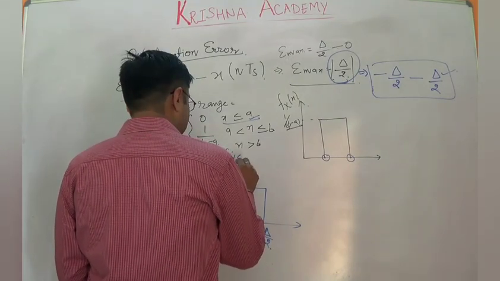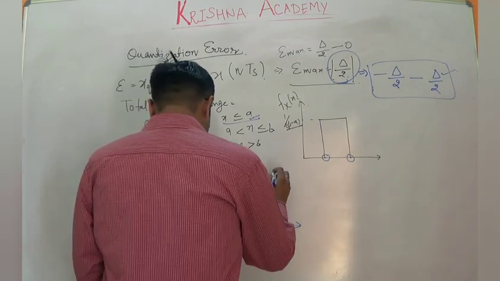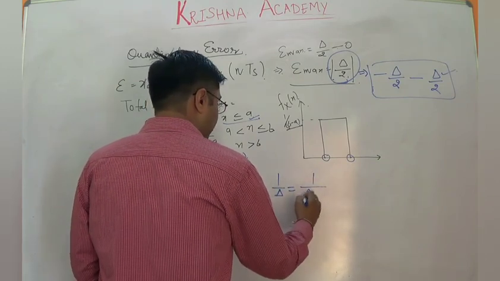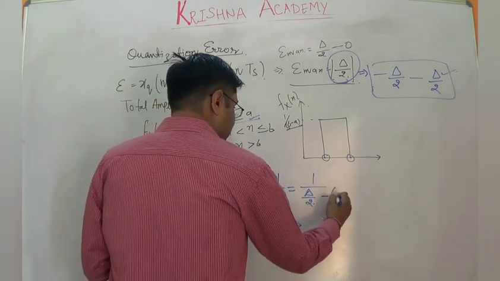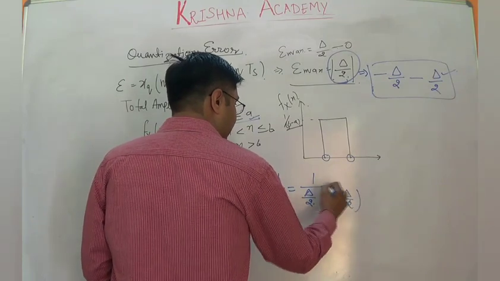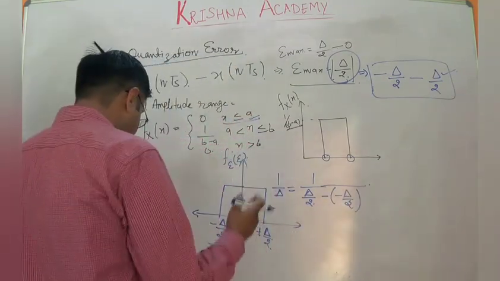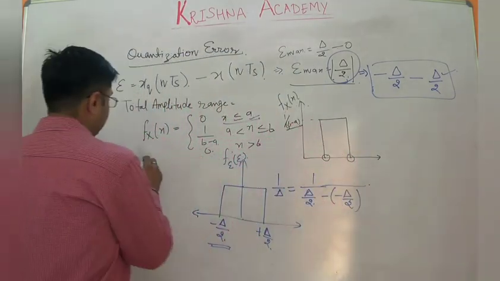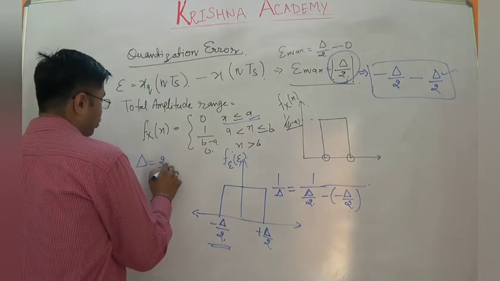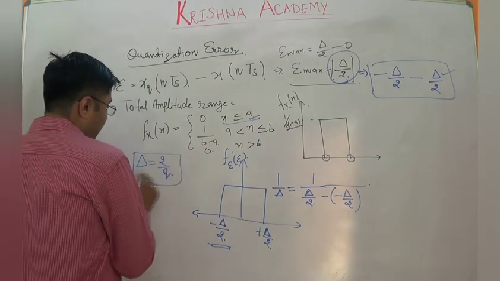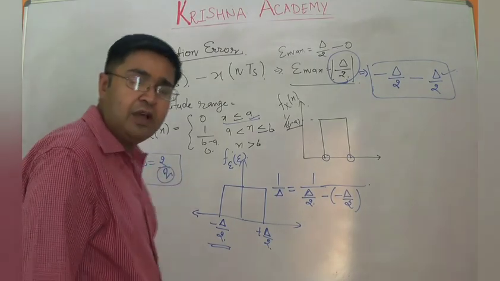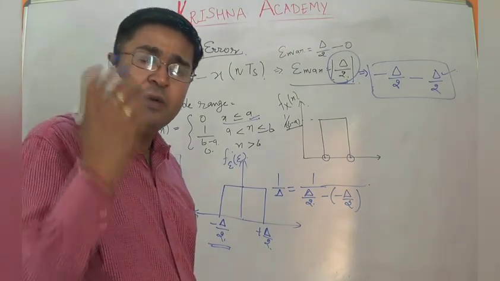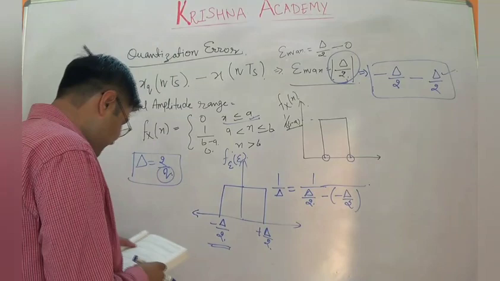Now 1 upon delta equals 1 upon delta by 2 minus delta by 2. Just think about this one. So delta in normal, delta equals 2 upon q, where q is the number of quantization levels which have been done in a particular signal. Now this is happening over there.